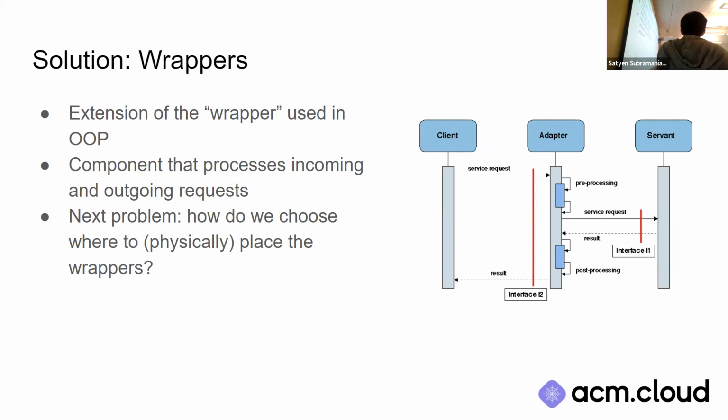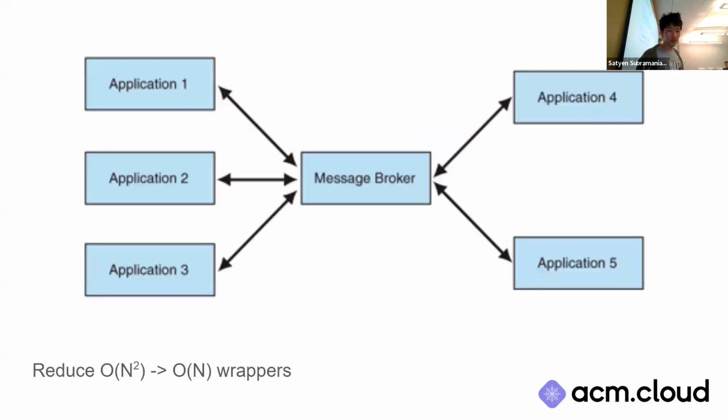Okay, so the next problem we have to discuss is where do we actually place these wrappers? We could have a ton of different interfaces going on in our distributed system, and in the worst case scenario, we would have to do a wrapper for each one of them. Right, and so the solution to this is to use a message broker. From here, we see that we have a message broker which provides a uniform interface. So we would only need to put adapters on these three applications to interact with one end of the message broker, and then those two applications get a wrapper for this other end of the message broker.